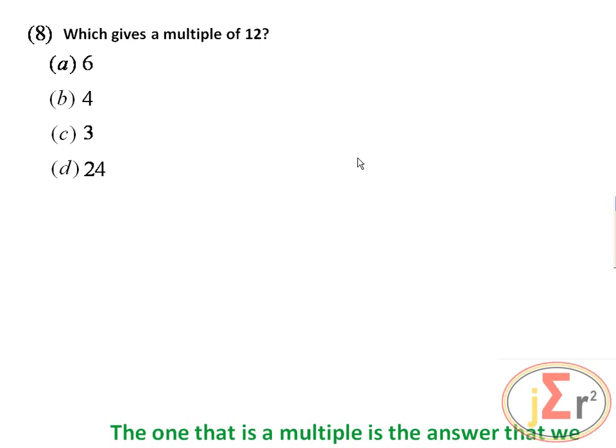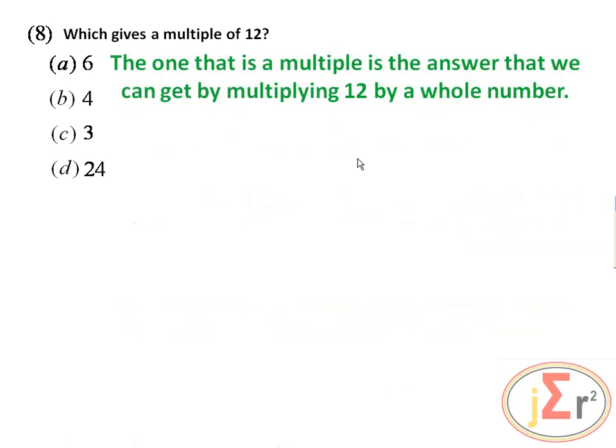So the one that is a multiple is the answer that we can get by multiplying 12 by a whole number. Right? Multiple has to do with multiplication. So a multiple of 12 is a number that we can get if we multiply 12 by a natural number, a whole number, or a counting number. So if we multiply 12 by a natural number, the result will be a multiple of 12.